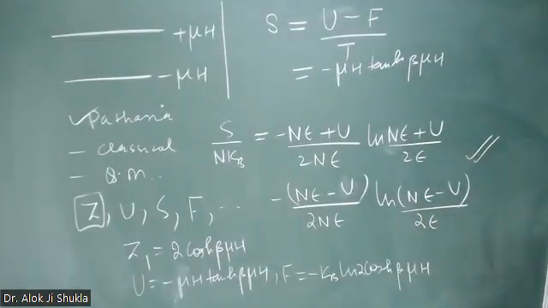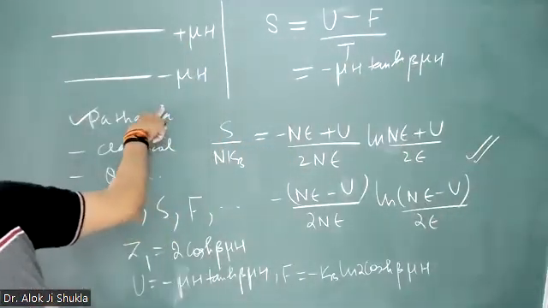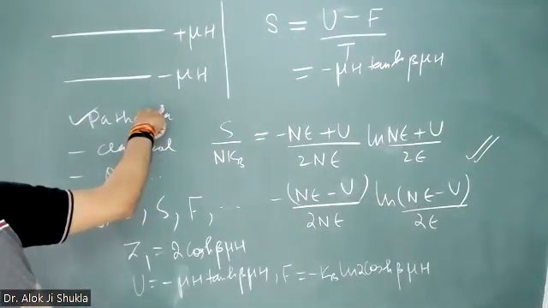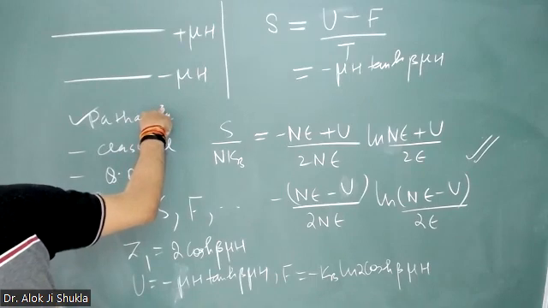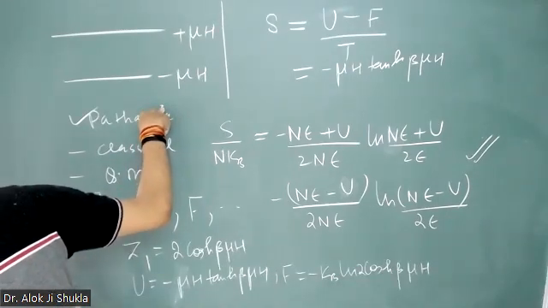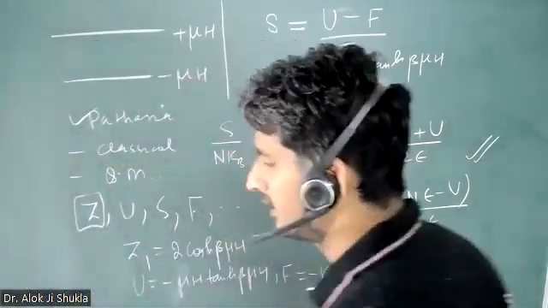So we should not substitute the value of U here. Here E is the energy of the level, or the behavior of entropy of the system as a function of energy, as a function of this mu h actually.